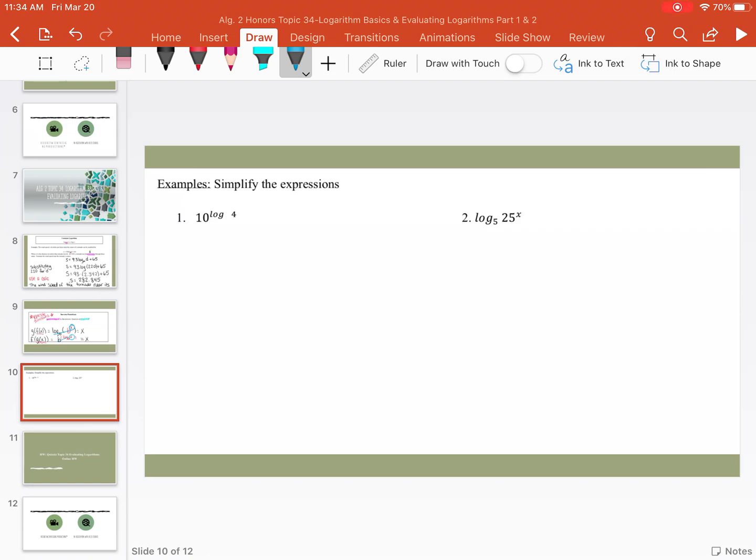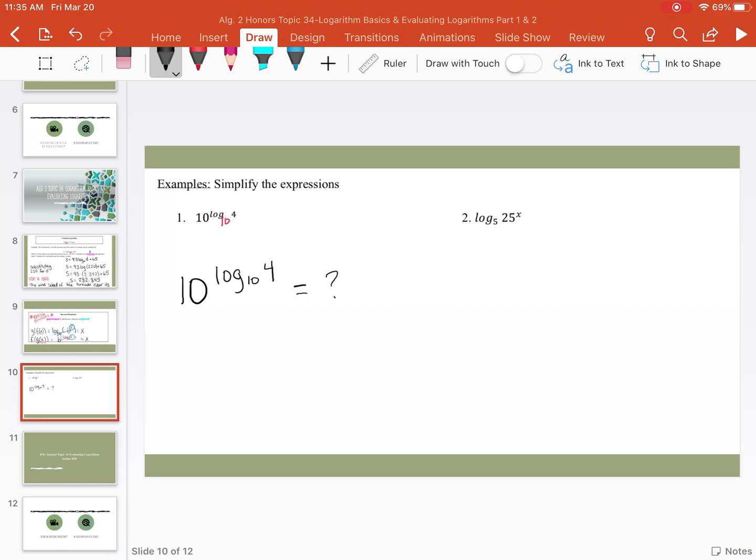Our first example is going to be 10 to the log of 4. Remember, when we don't see a base, we're automatically going to assume that this is a base of 10. So we can rewrite this as 10 to the log base 10 of 4, and we want to figure out what this equals.